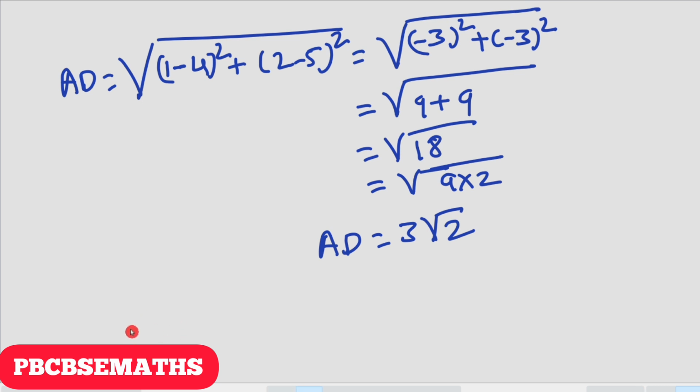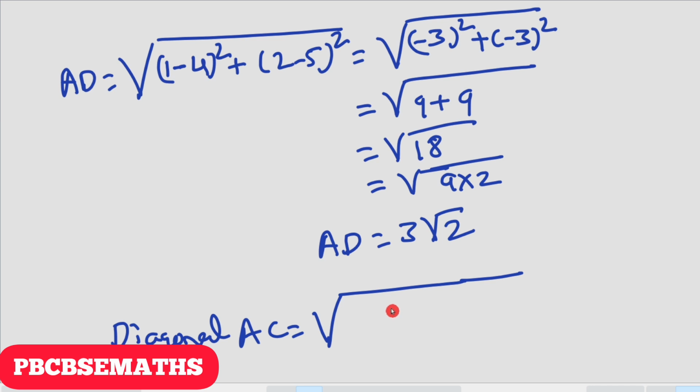So let's consider the first diagonal AC, which is equal to square root of, consider A as x1, y1 and C as x2, y2. Then we can write (4 minus 4) whole square plus (3 minus 5) whole square.